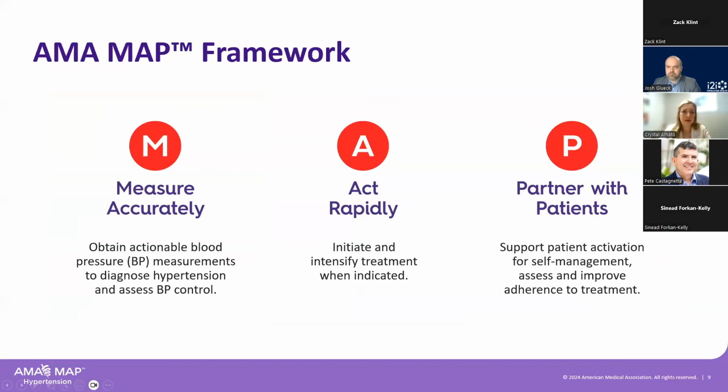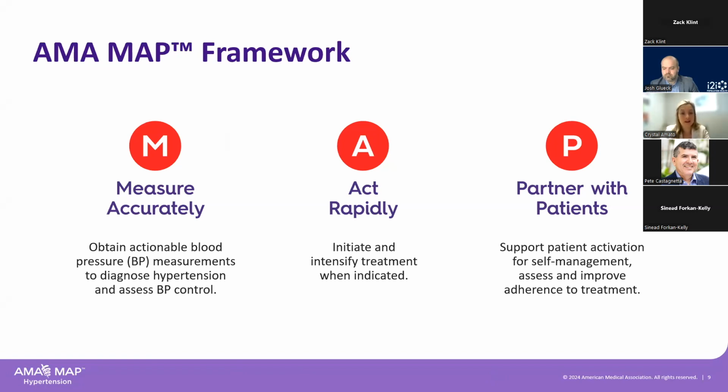So as we look at those problems, we would propose a framework that we can use to address them. And this is the AMA MAP framework. It refers to the 3 elements for chronic disease prevention and management, and that's measure, act, and partner. In the context of blood pressure, MAP refers to measure accurately, to obtain actionable blood pressure measurements, to diagnose hypertension and assess blood pressure control.